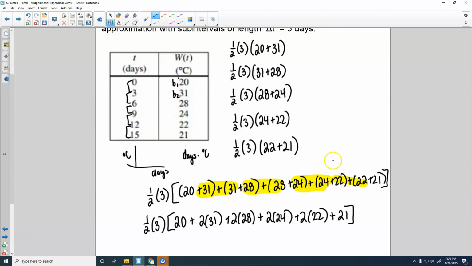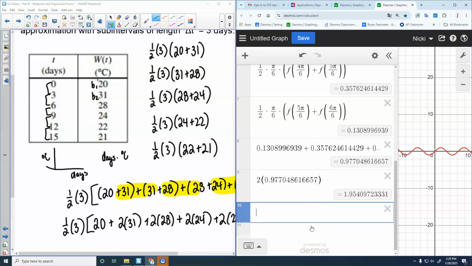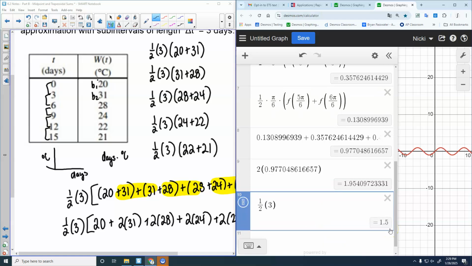So looking at that table, you use the first number one time. All of the middle numbers you use twice. The last number you use one time. All right? And this will make it a little quicker to type in. And it's going to make it way easier on the next problem.